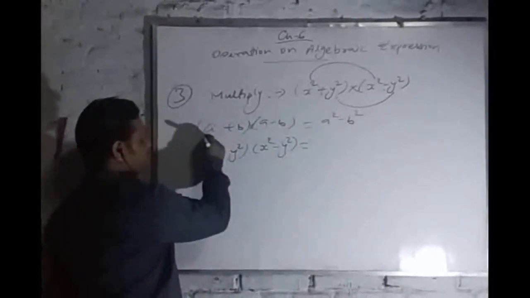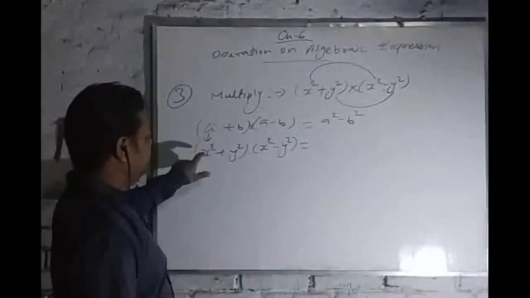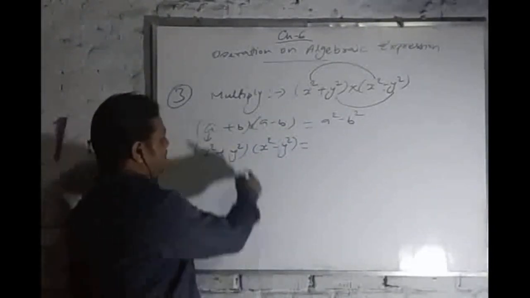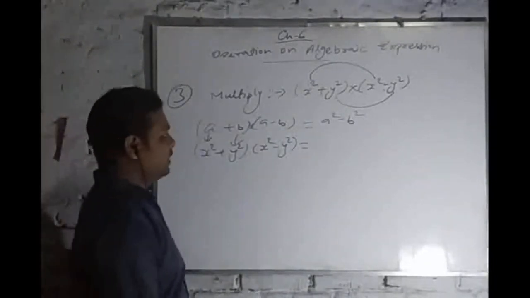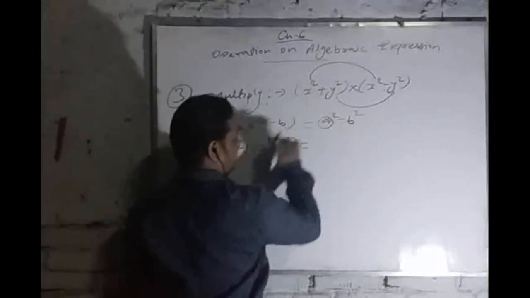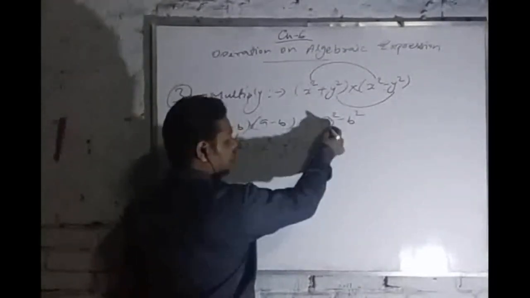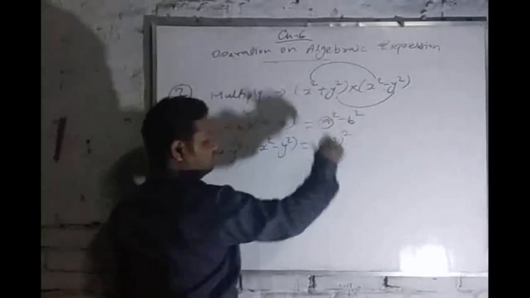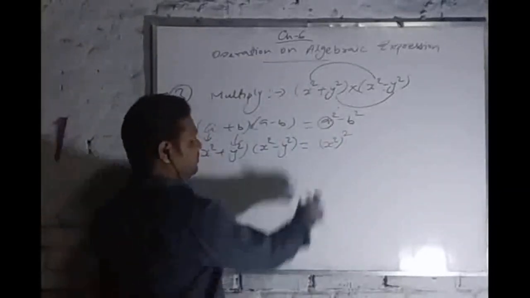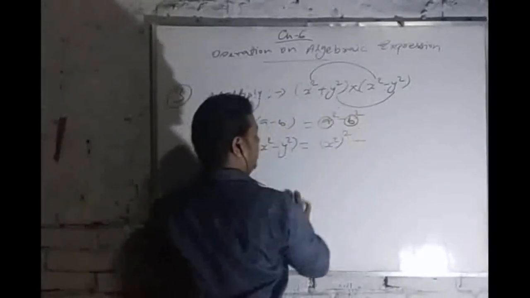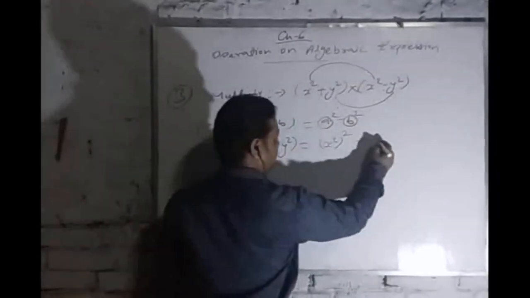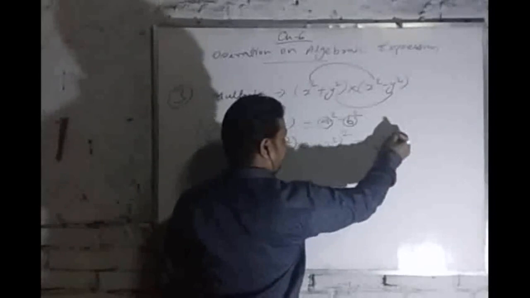Now here you can see in the place of a it is x square and in the place of b it is y square. So at first, the value of a is x square, keep it in brackets, and it also has power 2. So again we will add the power 2, minus b, which is y square, and it again has power 2.